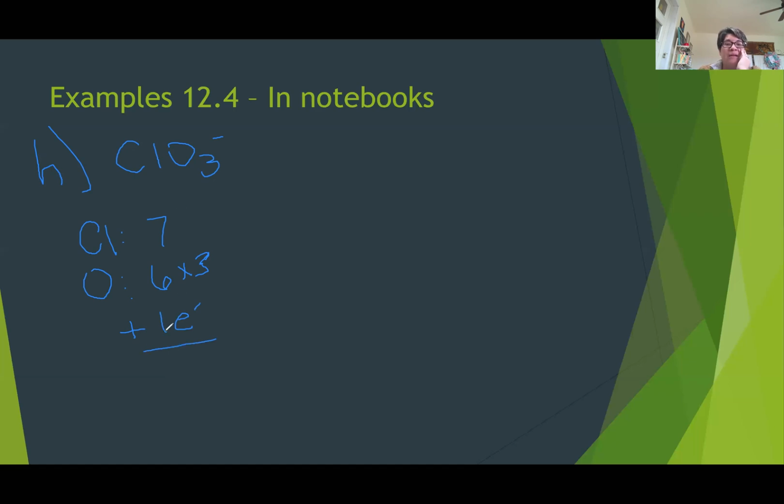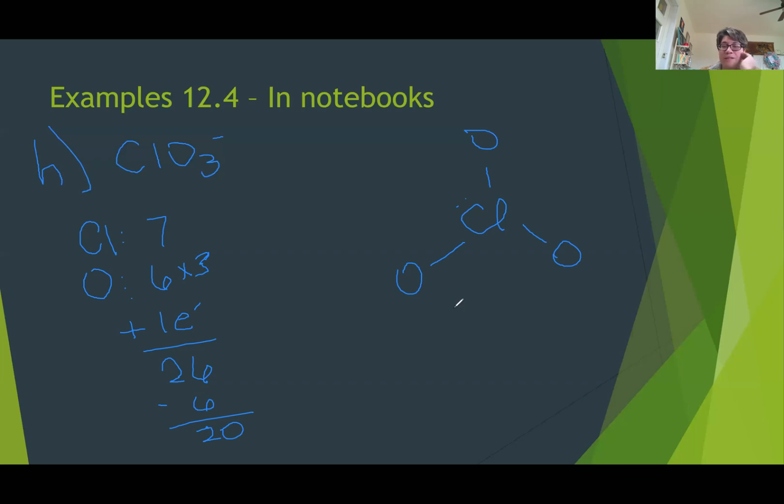18 plus 8 is 26. Am I right? Chlorine's going to go in the middle, and then we'll do a little surrounding of oxygens, kind of cut it in thirds, and I've used 6. I have 20 left, and I know that chlorine is not happy, and so I could put 2 on chlorine.